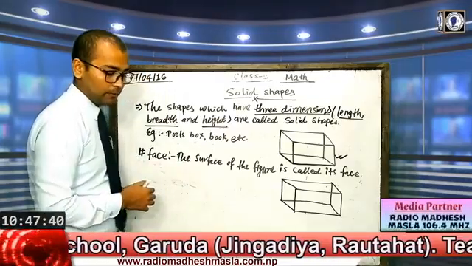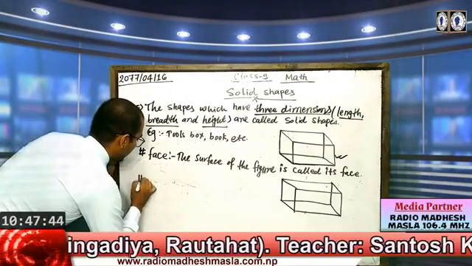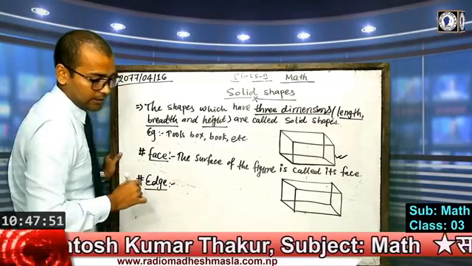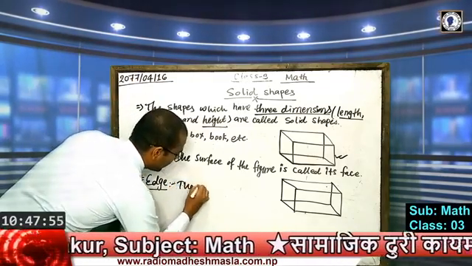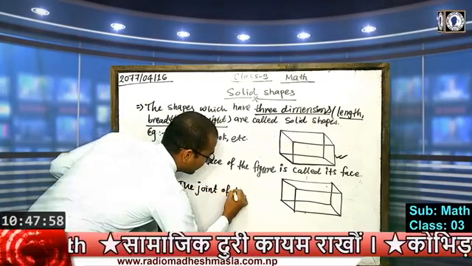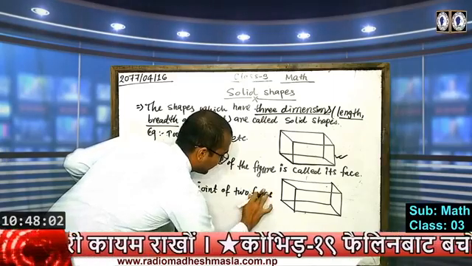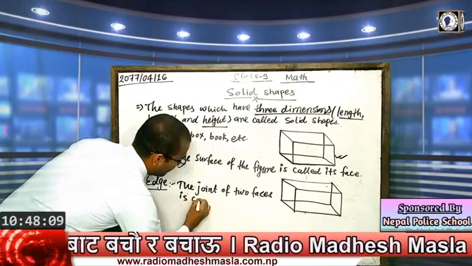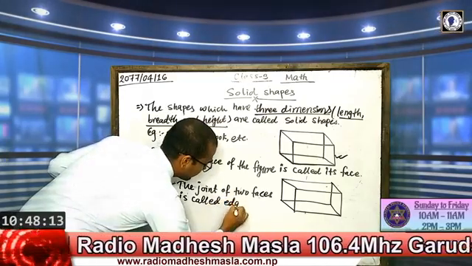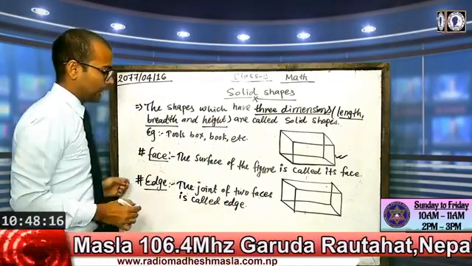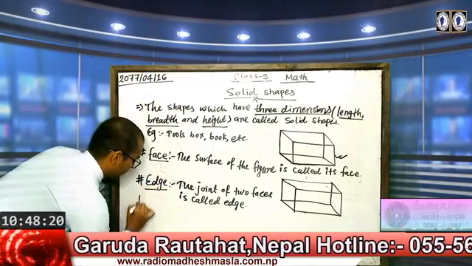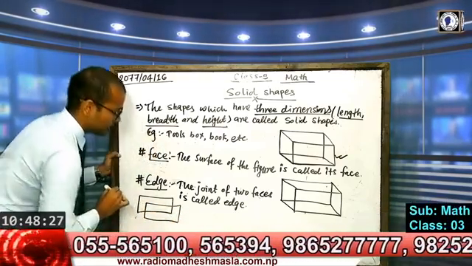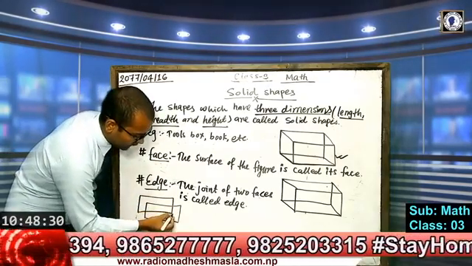In the same way, if we talk about the edge, the second part of the solid shape, we can say that the joint of 2 faces is called an edge. So first we can draw a figure, a cuboid, and these 2 faces join here.